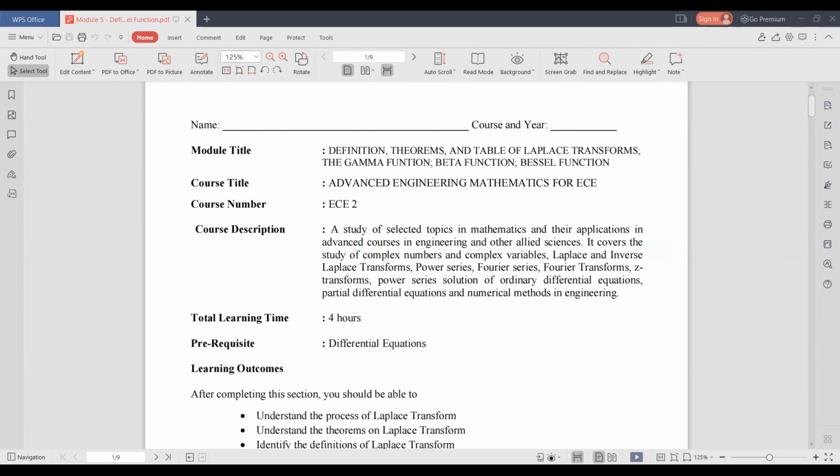We still use here integration, the integral calculus, in the Laplace transform. Usually Laplace transform is used to analyze signals commonly found in electrical circuits, and it is also used to analyze transient circuits. So titingnan natin, ano ba yung Laplace transform?